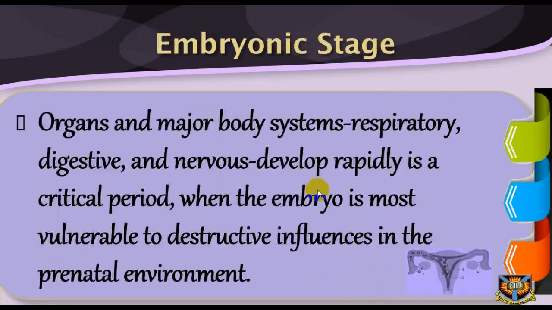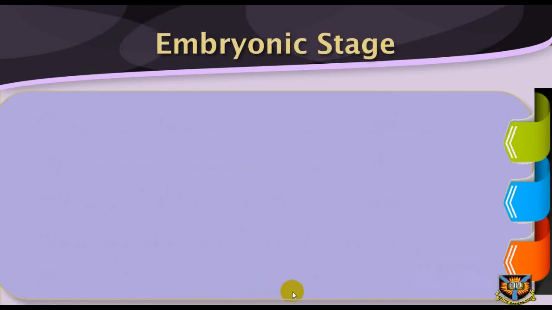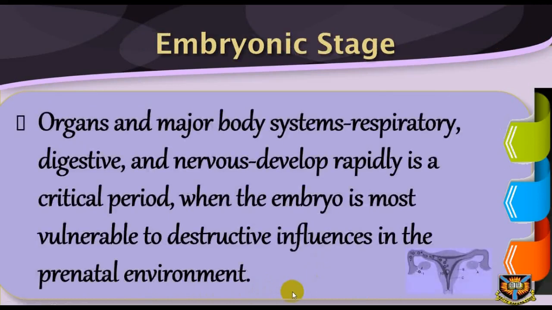This is a critical period when the embryo is most vulnerable to destructive influences in the prenatal environment. An organ, system, or structure that is still developing at the time of exposure is most likely to be affected. A structure or organ that is already formed is in least danger.